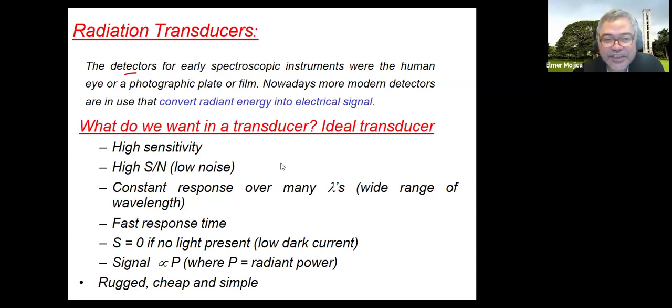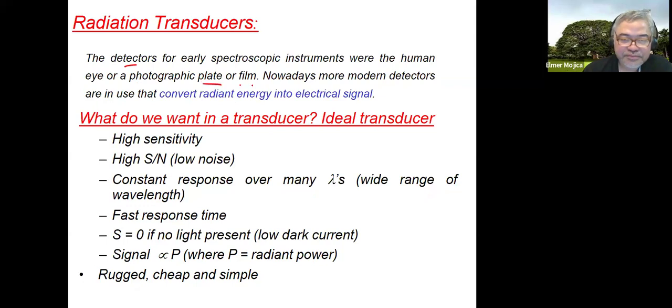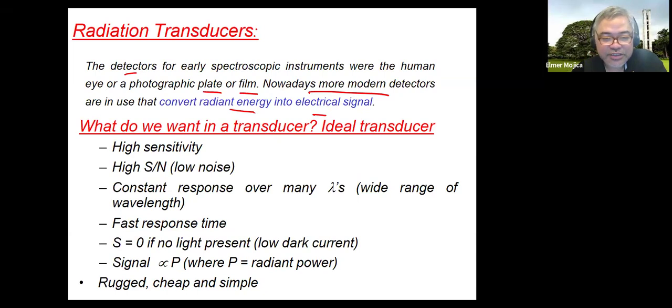So aside from the eye, the earliest detectors for spectroscopic instruments are the photographic plate and the film. But nowadays, there are many modern detectors that are used to convert radiant energy into an electrical signal. What do you call this stuff that converts the light, the radiant energy, into an electronic signal?